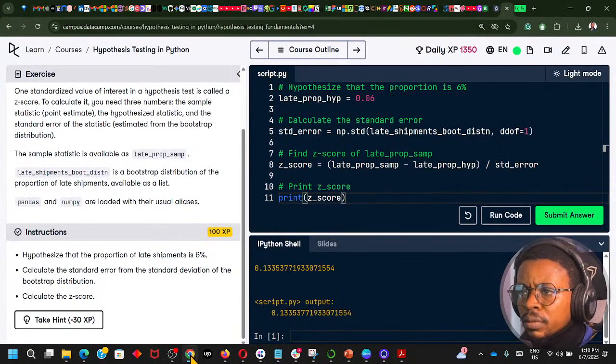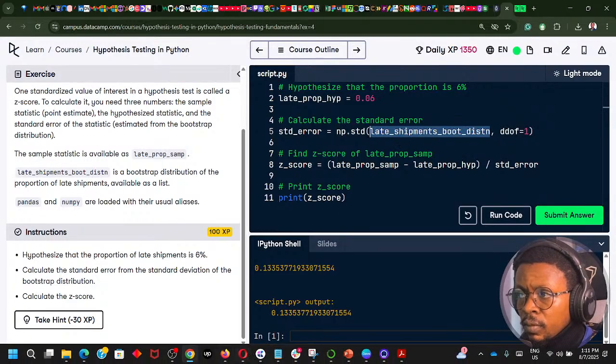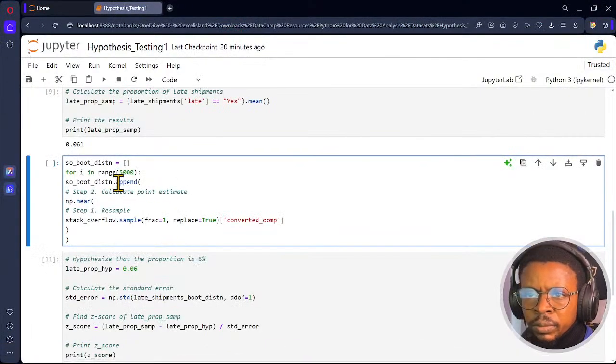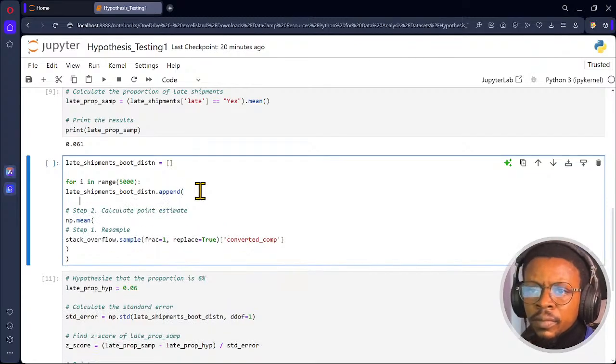Ours is going to be the late shipment boot distribution. So I calculate the late shipment boot distribution. It's going to be a list. I can do that 5,000 times. It's going to be late shipment boot distribution dot append, calculate point estimate, np dot mean.